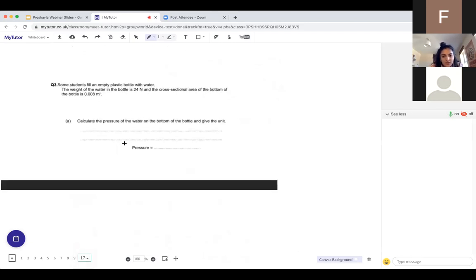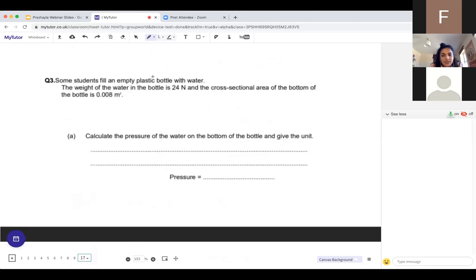Okay, so question 3. Some students fill an empty plastic bottle with water. The weight of the water in the bottle is 24 newtons and the cross-sectional area of the bottom of the bottle is 0.008 meters squared. So we should be able to find the pressure using those two values, force and area.